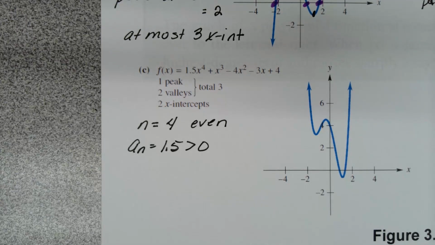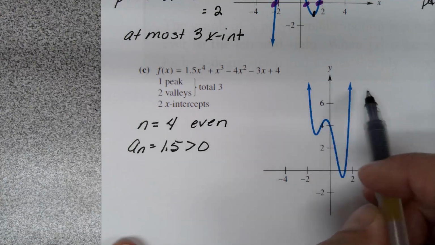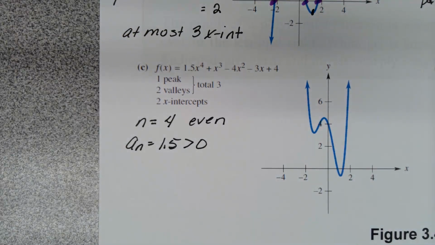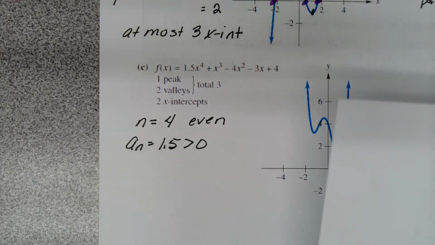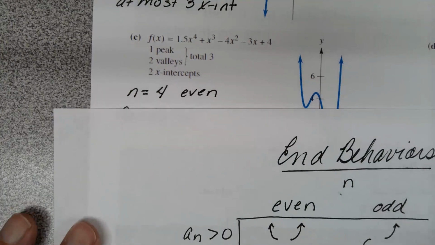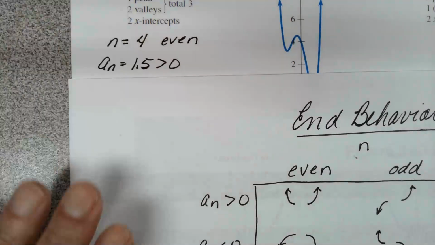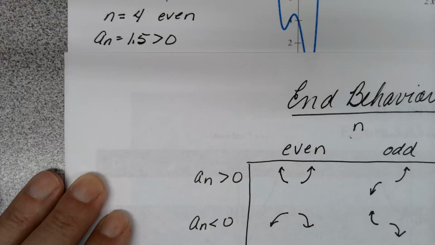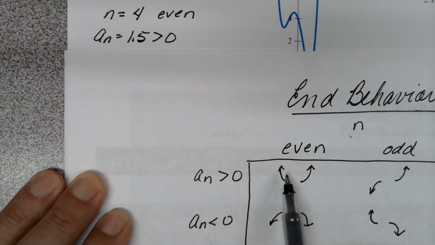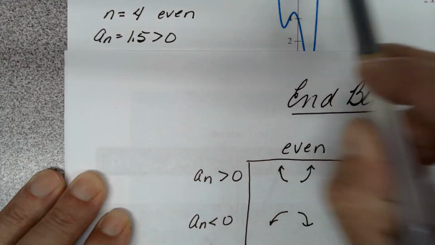Since my n is even and my a sub n is positive, the 2 end behaviors are going to go to positive infinity. So if you think about this graph or this chart that we made earlier, when n is even and a sub n is positive, it's going to rise to the left and rise to the right, rising there and rising there.